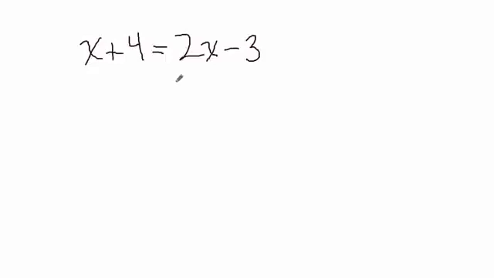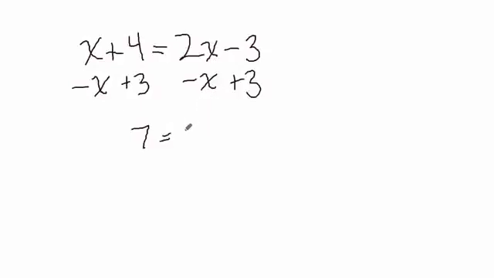We can subtract, add, multiply, or divide both sides by the same quantity. So whatever this variable x is, let's subtract it from both sides, and let's also add 3 to both sides, and then see what we have left over. On the left side, we'll have a 7 left over.